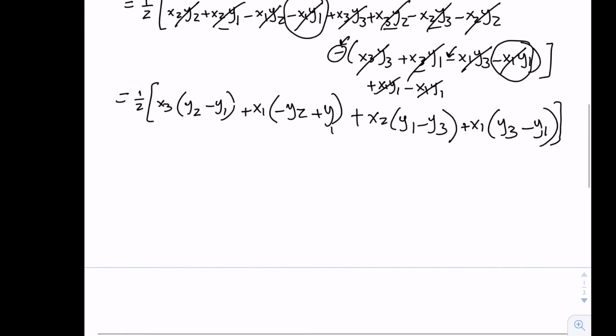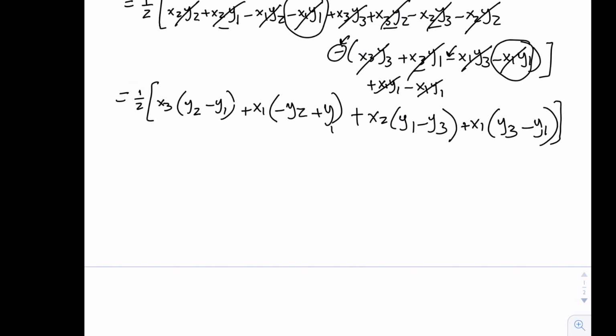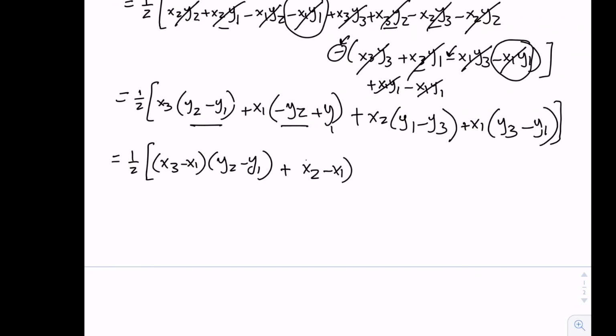Now we're gradually converging to the expression that we were looking for. We can rewrite this as (x3 minus x1) times (y2 minus y1) from these two terms. And we can also write plus (x2 minus x1) times (y1 minus y3).